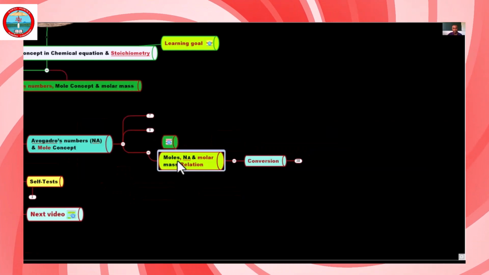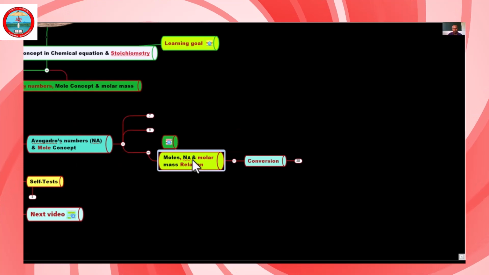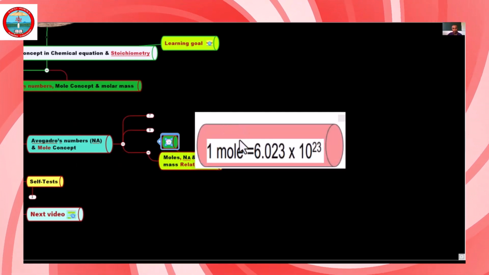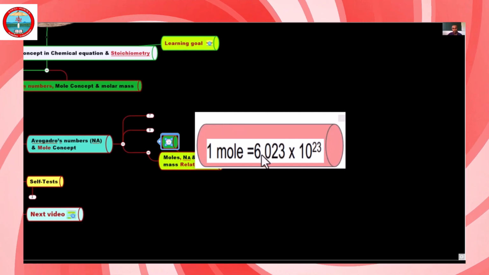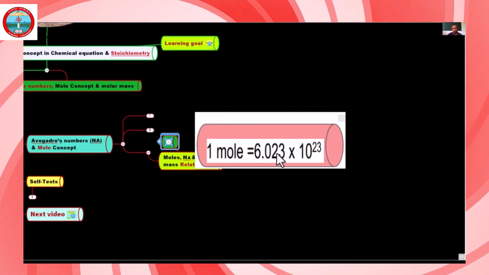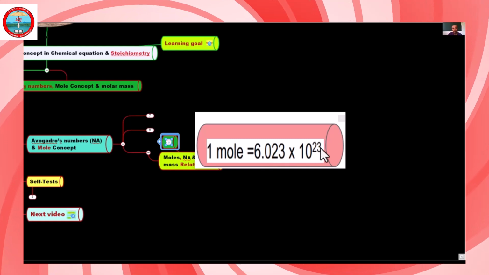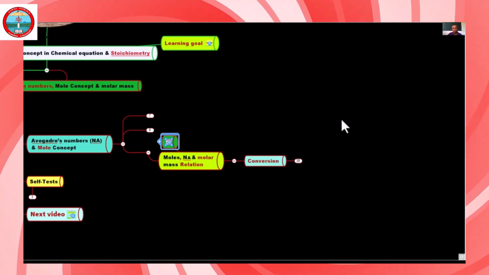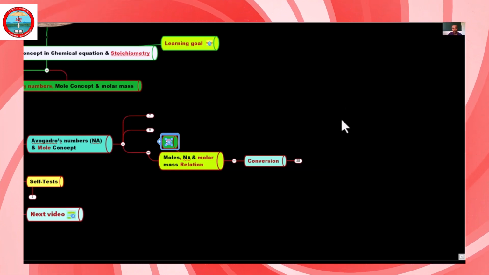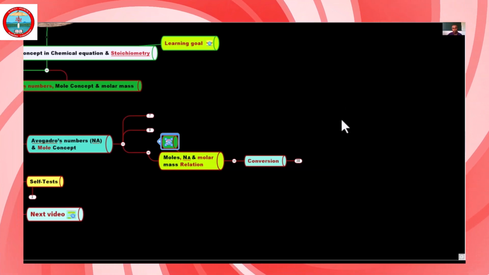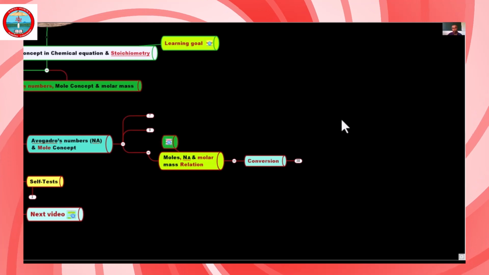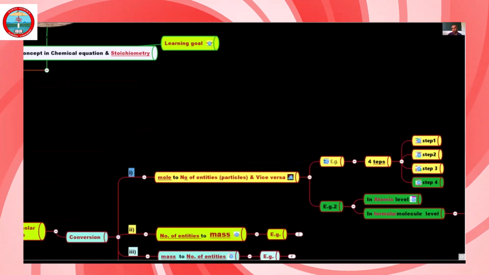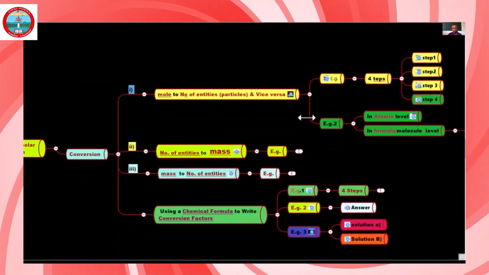And what is the relationship between moles, the Avogadro number, and molar mass? Always remember, 1 mole is equal to 6.022 times 10 raised to positive 23, the Avogadro number. So we can relate this in this way. The first one is the relationship between the number of moles and the Avogadro number.